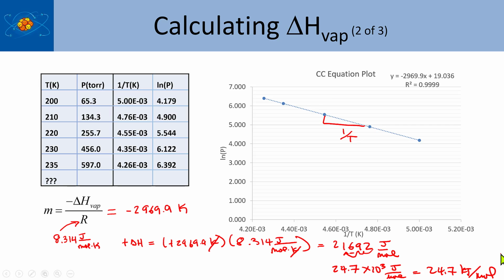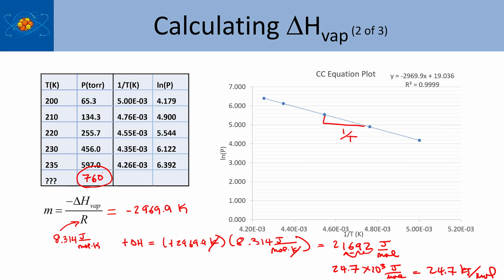Now the question is, how do I figure out from this data what the normal boiling point is? And I'll work that out on the next slide because I knew I was going to run out of room here. But the reasoning is this. What pressure does the normal boiling point represent? What it represents here is 760 millimeters of mercury, or torr.